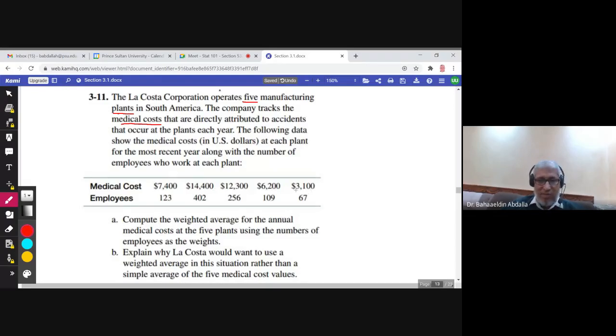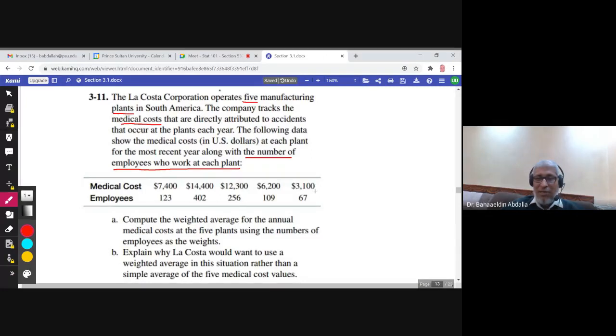Why these differences between the plants in the medical cost? Okay, if you don't find the factor that affects the medical costs, of course, what affects the medical costs is the number of employees who work at each plant. How many employees are there? In plant 2, we have 402 employees.